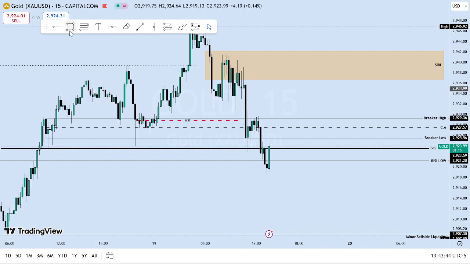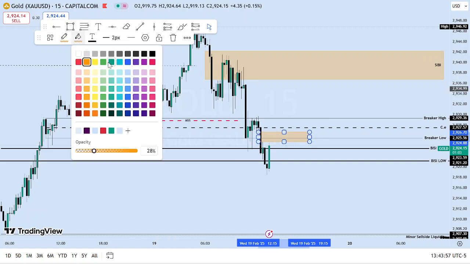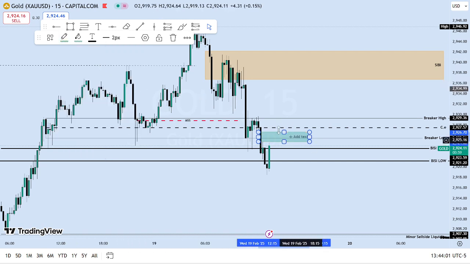That is the inefficiency there. This is a buy side inefficiency, sell side imbalance. Since we are in a higher time frame like 15 minutes, it will be a major resistance.